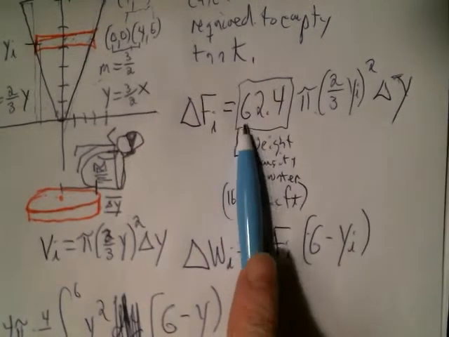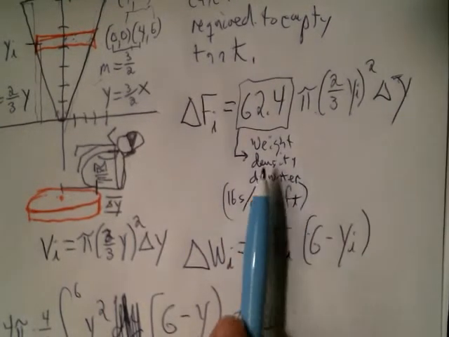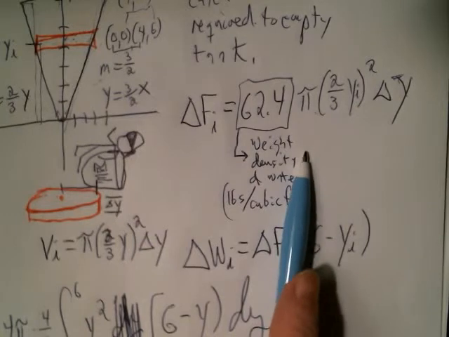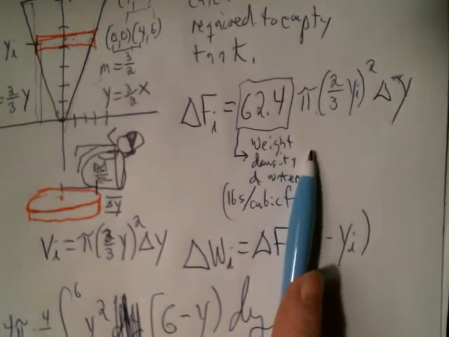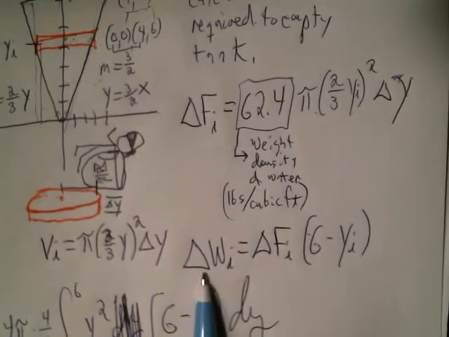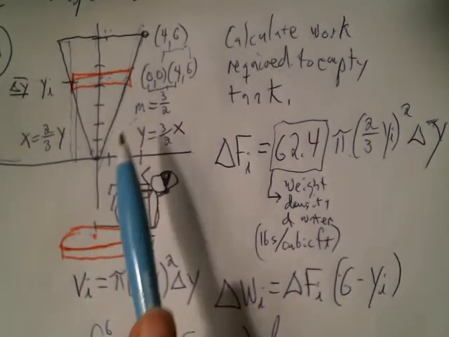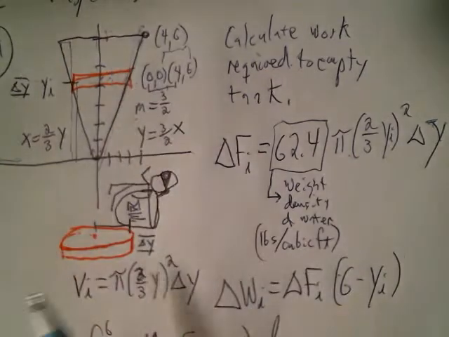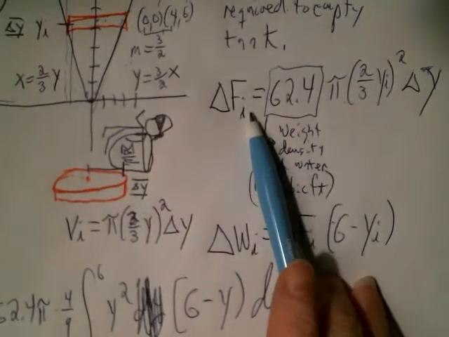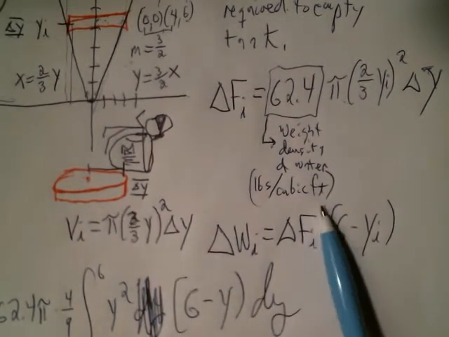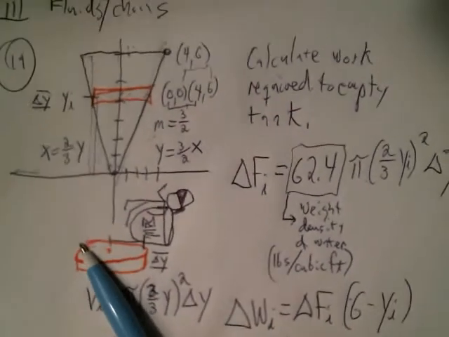So here we have weight density times volume, and the units will be pounds. And then to get the work required in order to move this particular disk out of the cone, I need to multiply the force required to move the disk times the distance the disk actually moves.